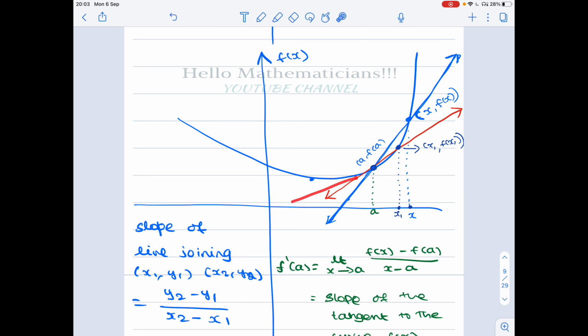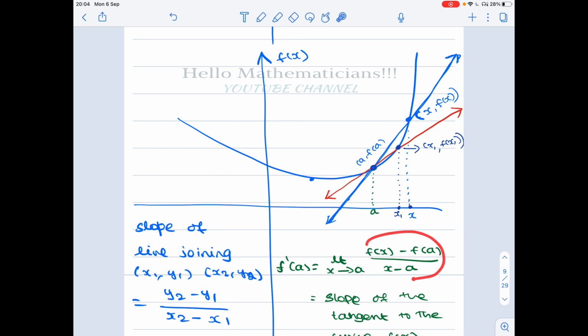At each step we are calculating the slope of each of these lines. Therefore, when x reaches a, we get the slope of the tangent of the curve f of x at the point a. So that is the geometric explanation for this quantity.